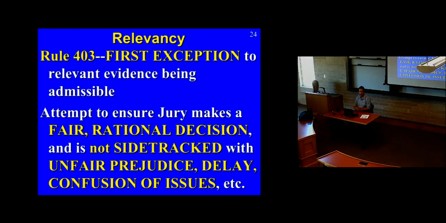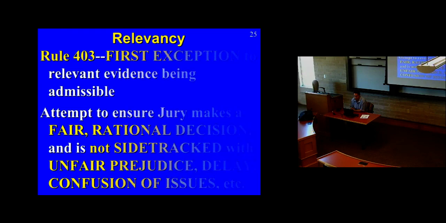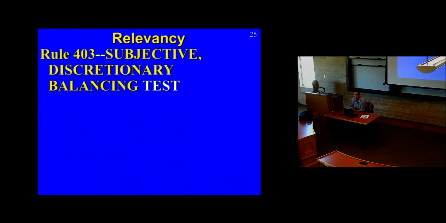The rule provides for other possible dangers, but usually when we think of Rule 403, we think of the danger of unfair prejudice. So, Rule 403 is a subjective, discretionary balancing test for the judge.